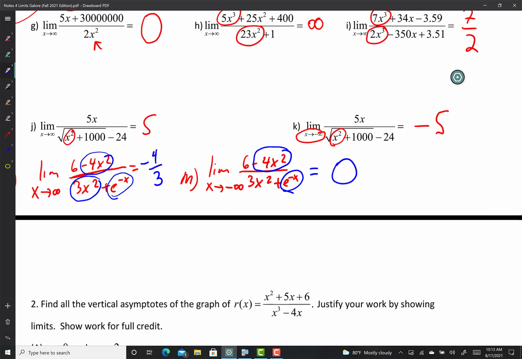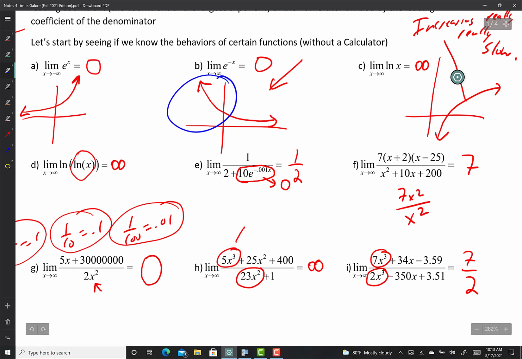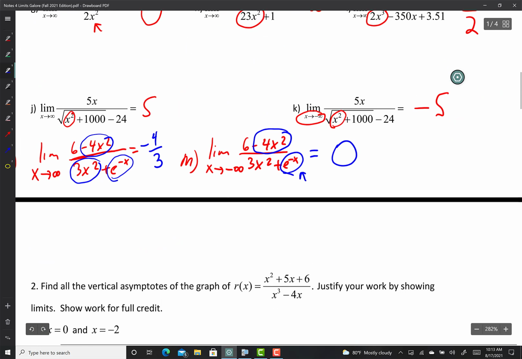Do we understand that? I got lost after the graph. Yeah. E to the negative x looks like this, right? This is some huge positive number, growing faster than any polynomial, even x to the 99. So I have negative 4x squared, which is some big number as x approaches negative infinity, divided by something super huge.